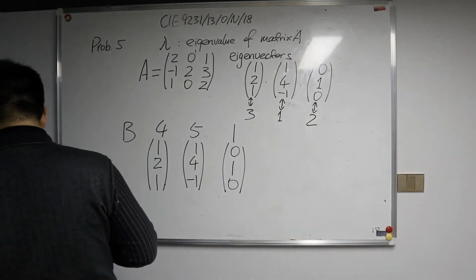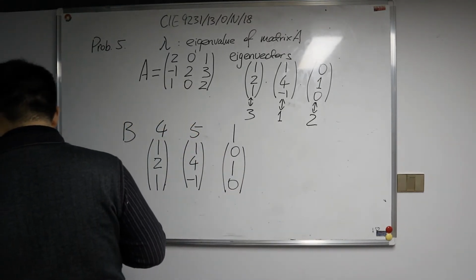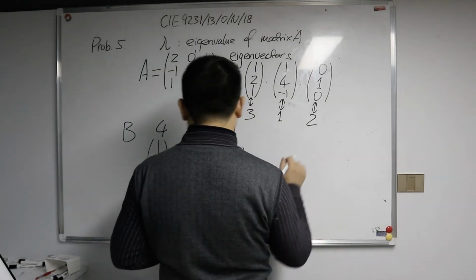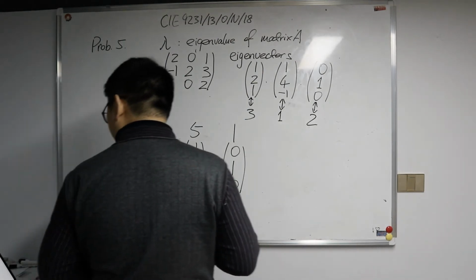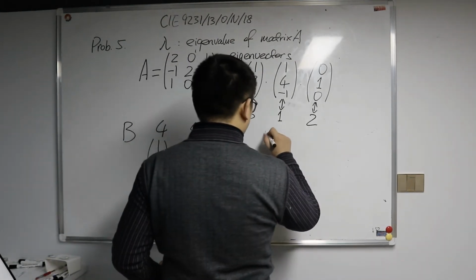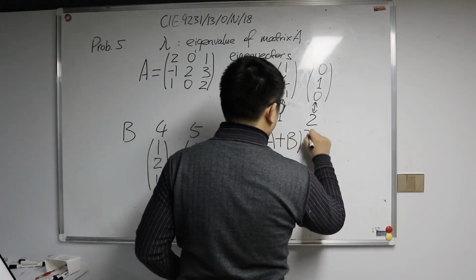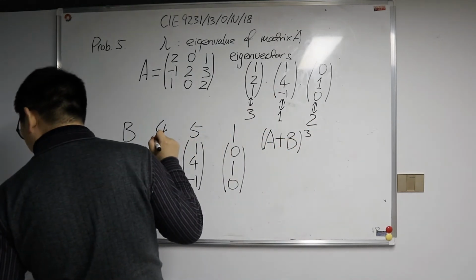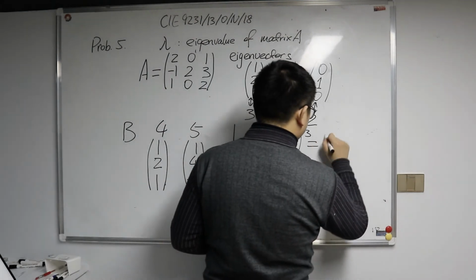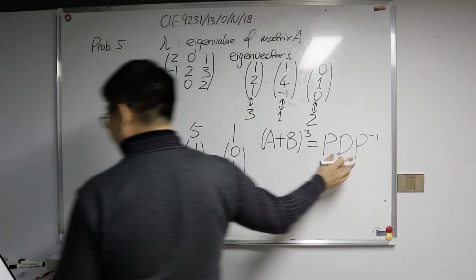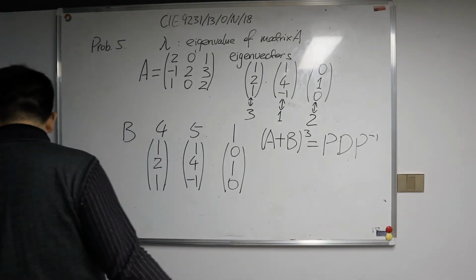Okay. Then we are asked to perform a process of diagonalization, so that (A plus B) to the cube equals P D P inverse. Here D should be a diagonal matrix.